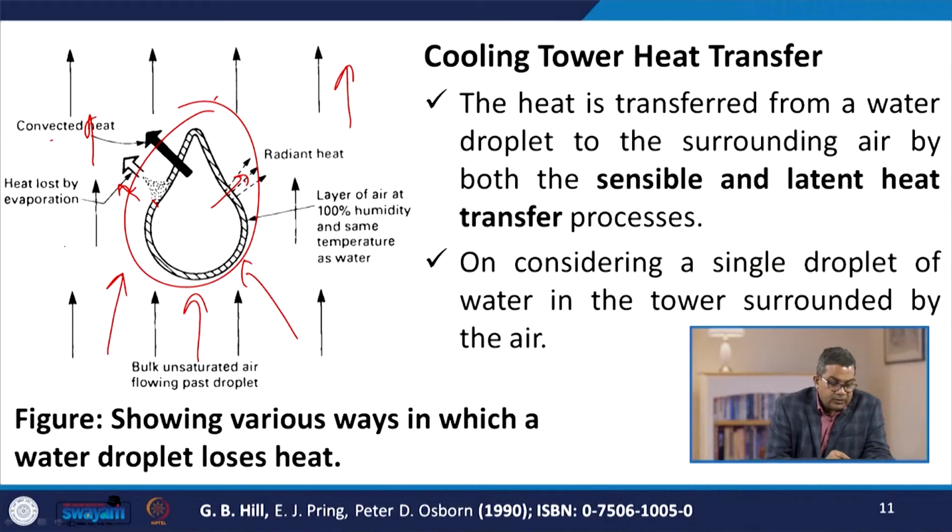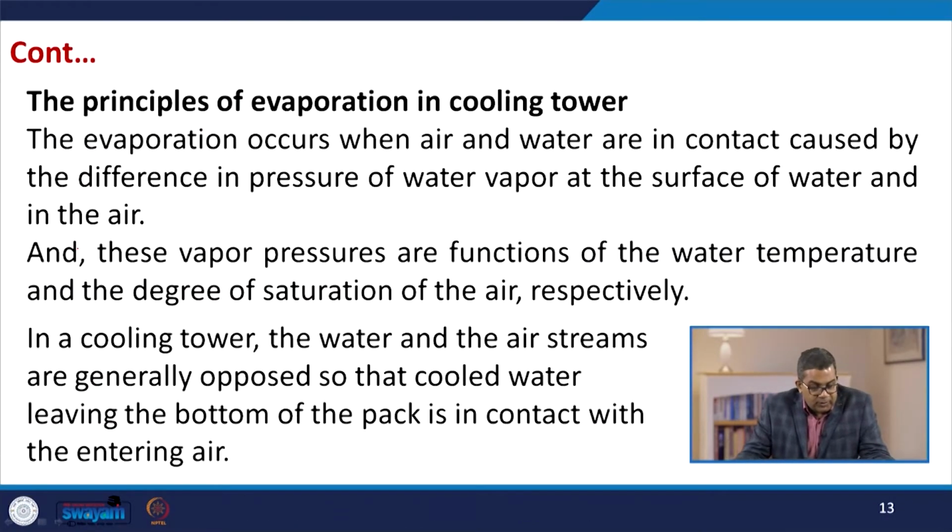It is significantly one-quarter to one-third of the whole. Another mode of heat transfer is by evaporation. This accounts for the majority of heat transfer and is the reason why the entire process is termed evaporative cooling. Here you see the heat lost by evaporation.